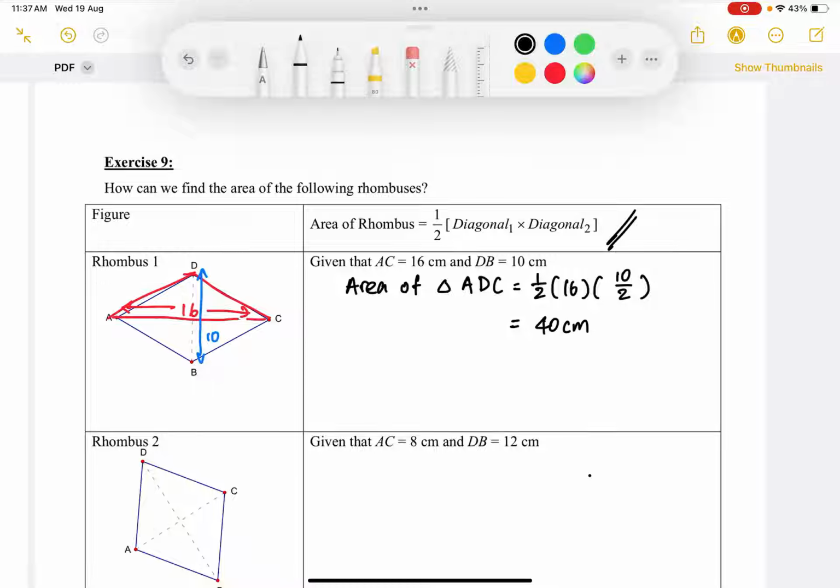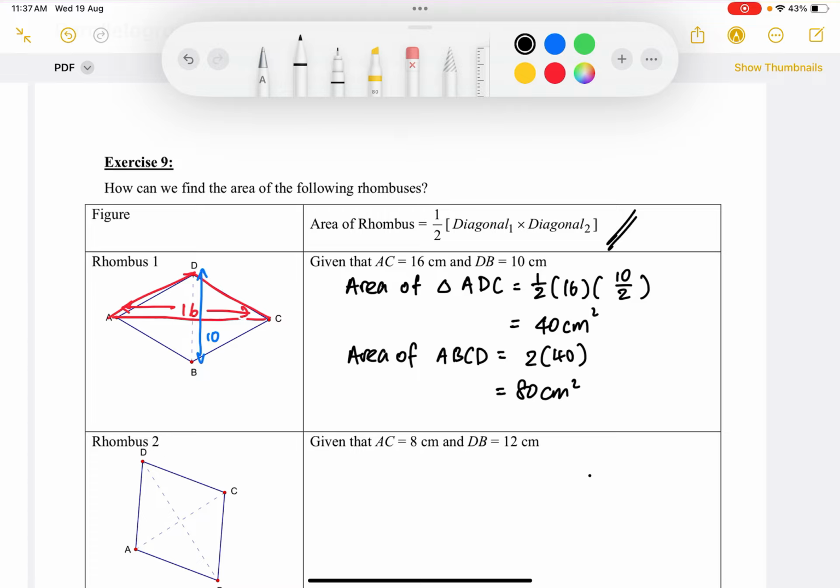But you notice that the area of the triangle below is the same. So our area of rhombus ABCD must be 2 times 40 to give us 80 square centimeters. Okay, so that is how you can find the area of a rhombus.